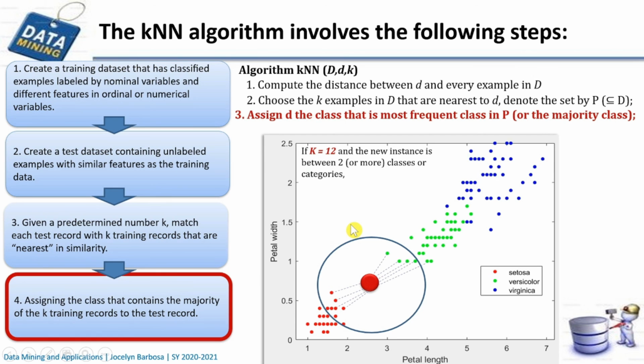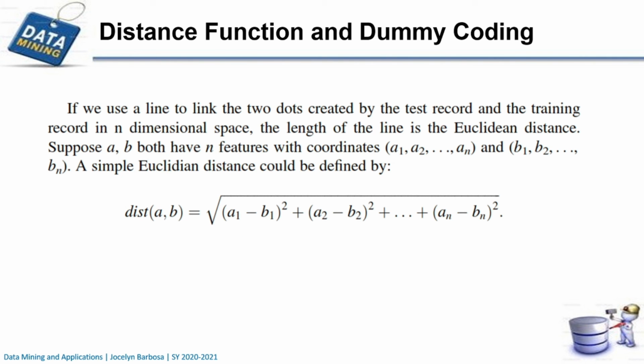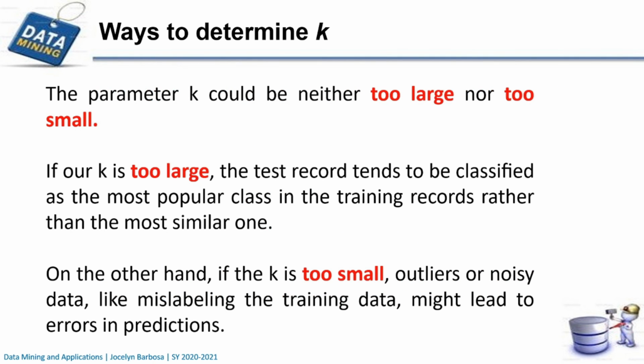So when do we decide whether it's 4 or 12, or any other value of K? It's very important to consider this because the parameter K should be neither too large nor too small. If the value of K is too large, the test record tends to be classified as the most popular class in the training records rather than the most similar class.